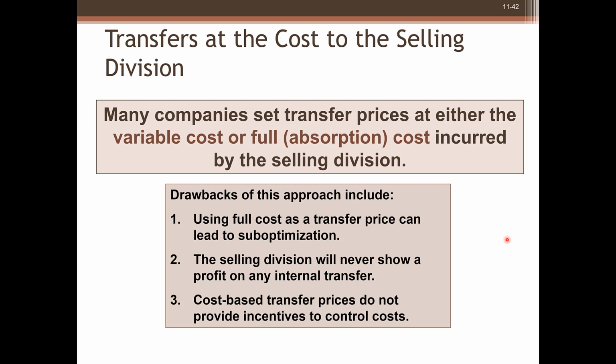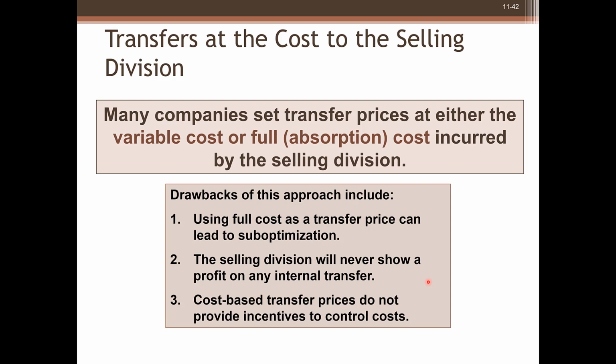What's sub-optimization? Sub-optimization occurs when managers do not act in the best interests of the overall company or even their own divisions. Second, if cost is used as a transfer price, the selling division will never show a profit on any internal transfer.